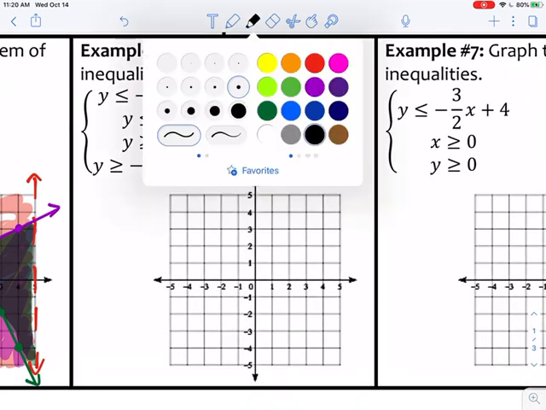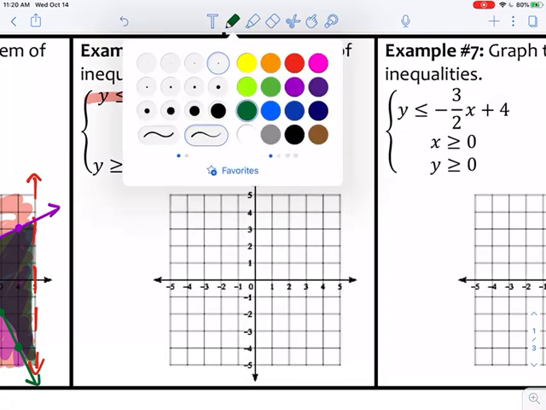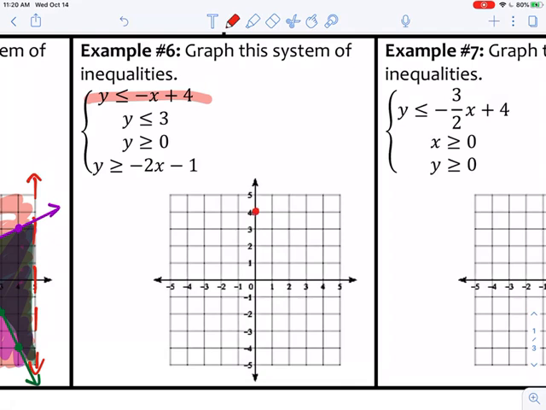Alrighty, here we go. Let's look at another one. So y is less than or equal to negative x plus 4. So we're going to go ahead and start at 4. And down 1 over 1. Remember, that's just 1 over 1. So down 1 over 1, down 1 over 1, down 1 over 1, all the way through.